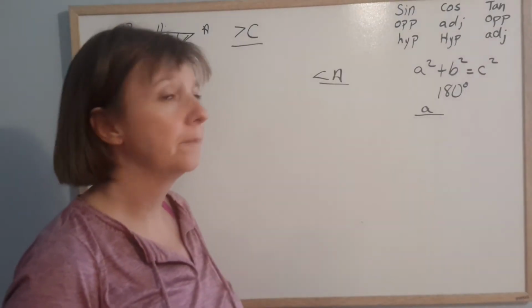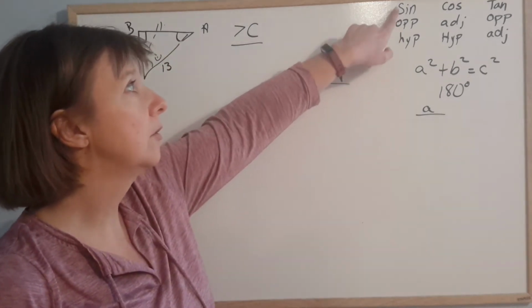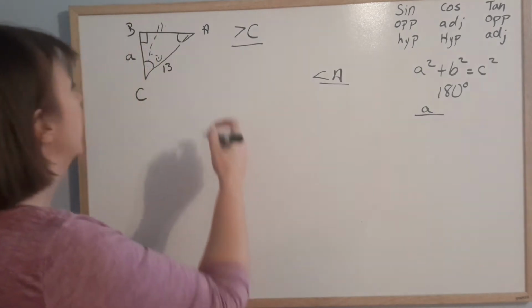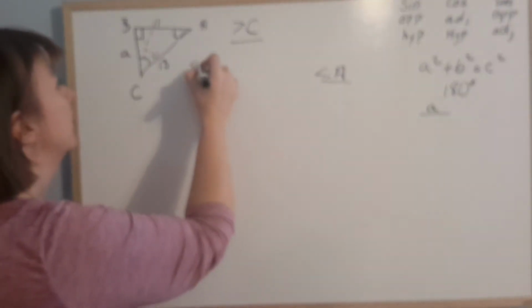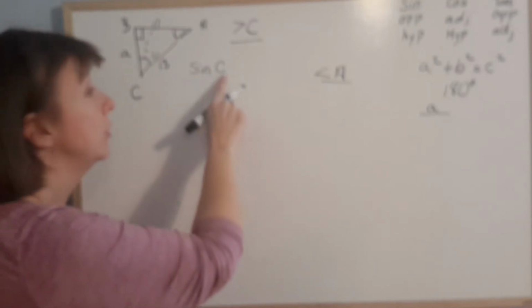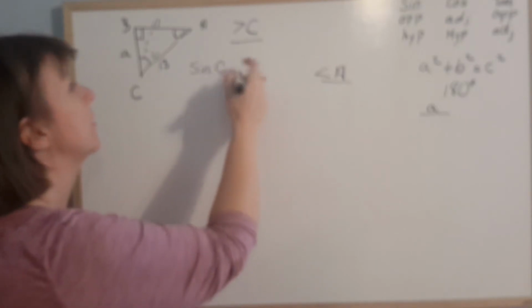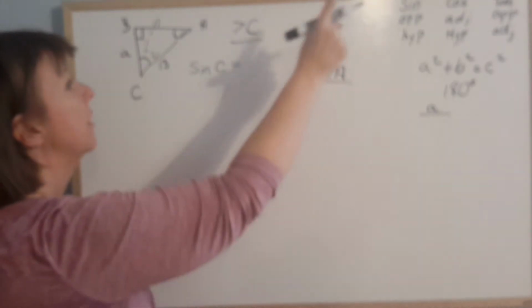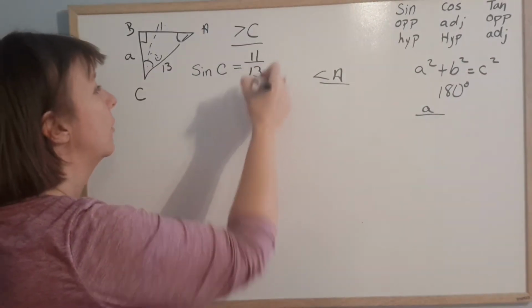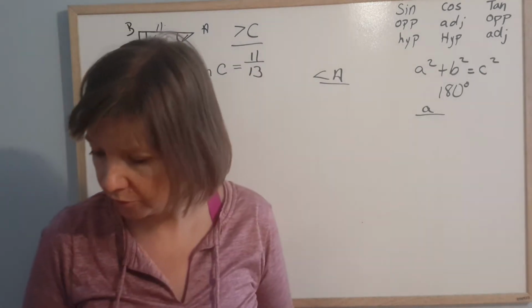Opposite and hypotenuse signal that I should be using sine. So the sine ratio using C as my reference angle is the opposite side, which is 11, over the hypotenuse side, which is 13.